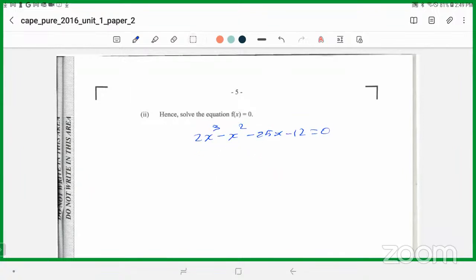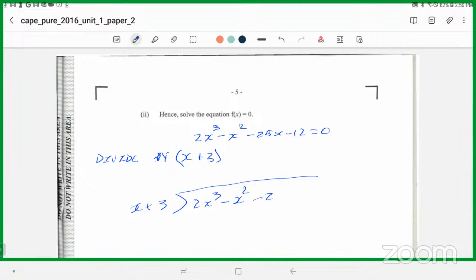I want to divide it down with the x plus 3, long division, into 2x cubed minus x squared minus 25x minus 12. I'm trying to simplify this expression down into factors.